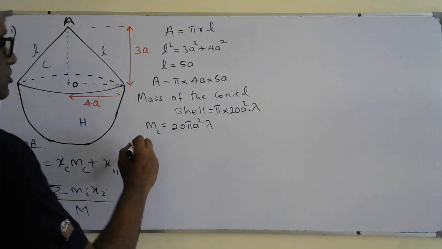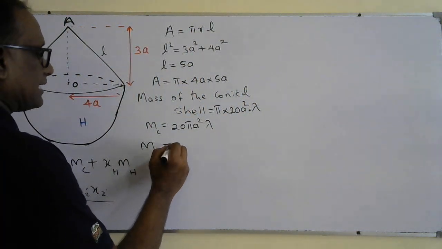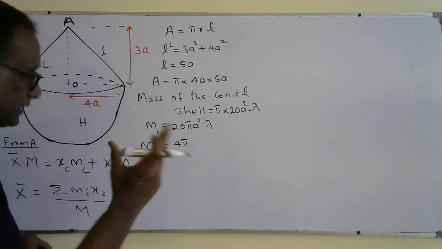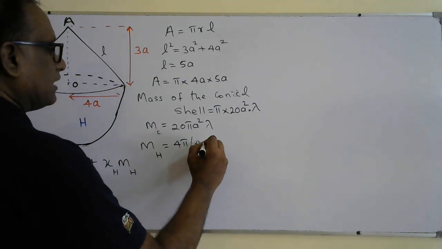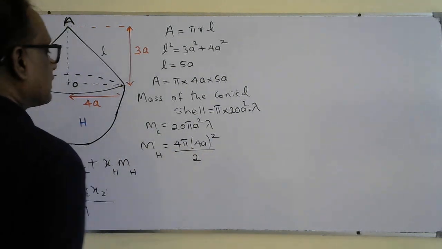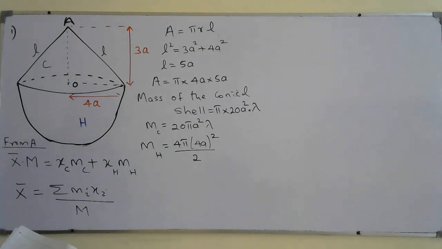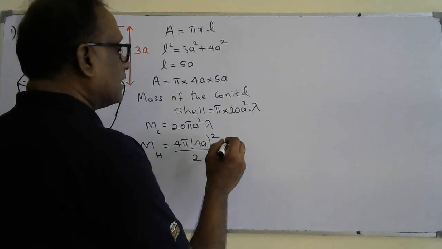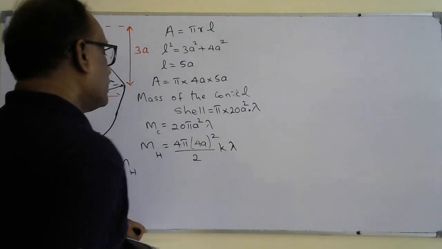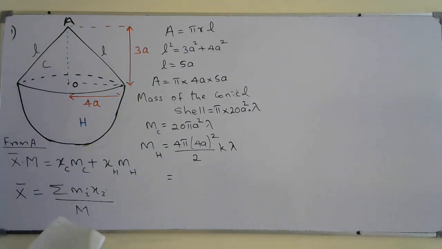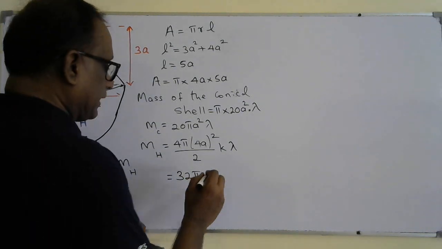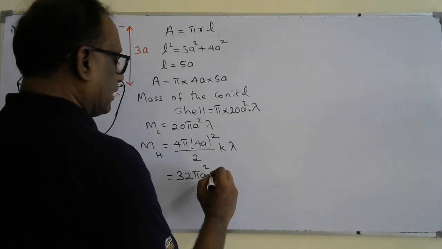So mass of hemispherical shell, named MH, is equal to surface area 4 pi r squared for a sphere, that is 4 pi into 4a squared by 2, because hemisphere is divided by 2, into the mass per unit area given as k lambda. So solve it. You will get 32 pi a squared k lambda.